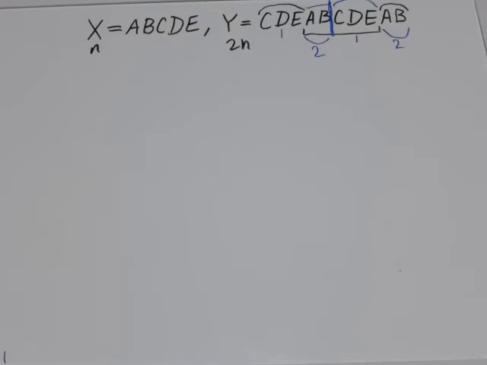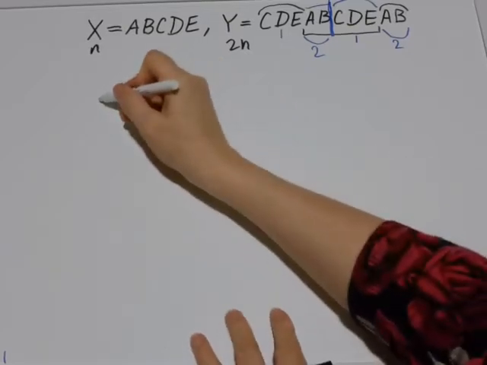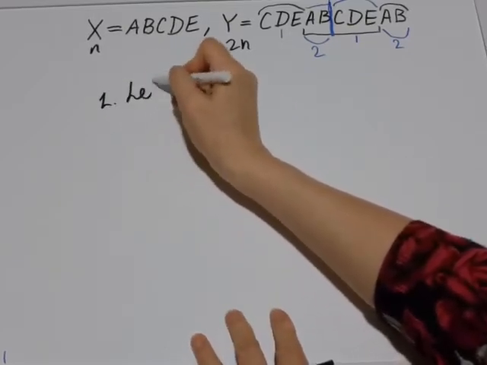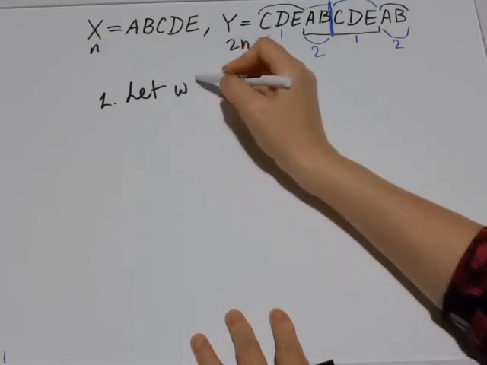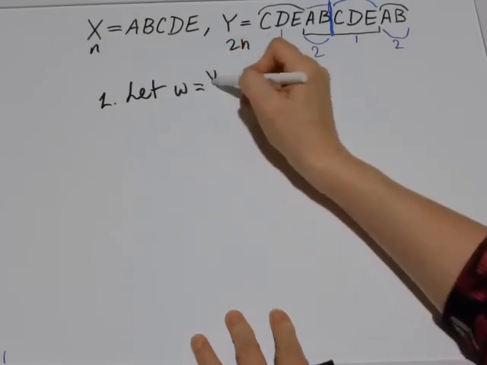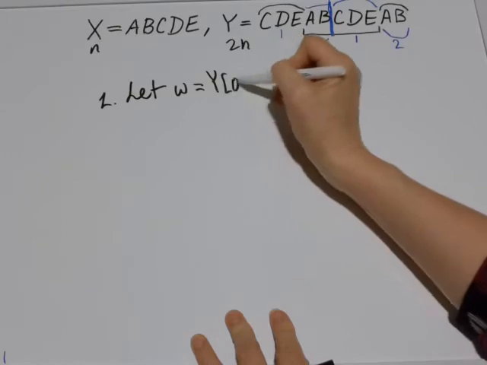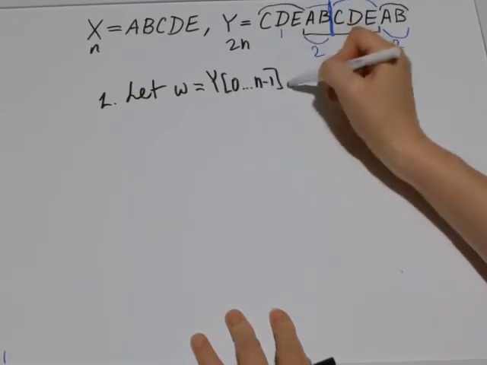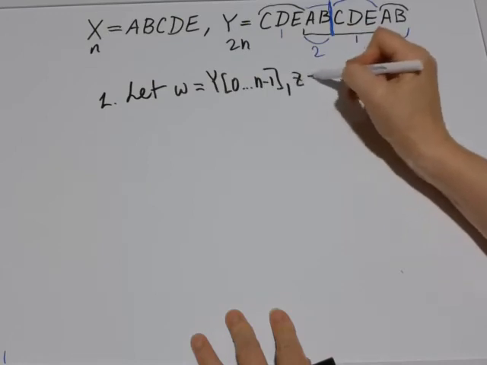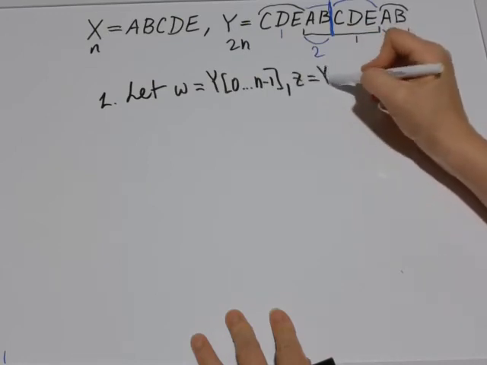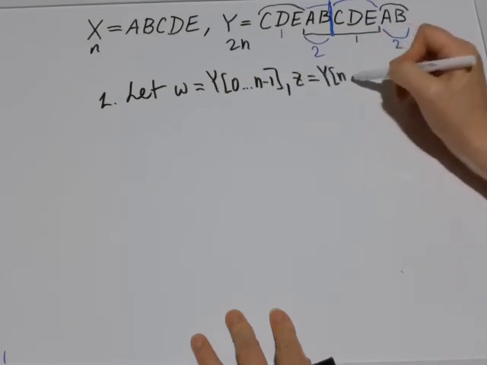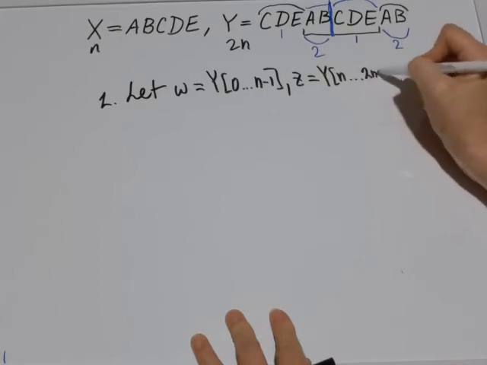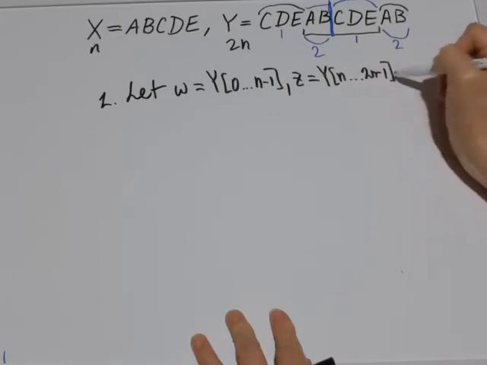In this case, you write a solution like this. Let string w be equal to y from 0 to n minus 1, and z be equal to y starting from index n and going to 2n minus 1.